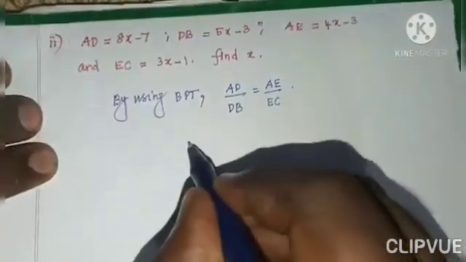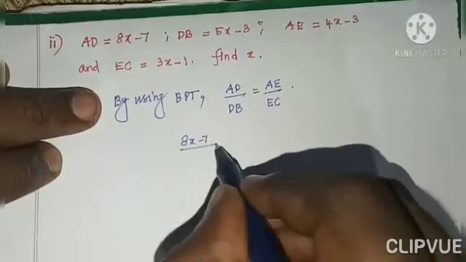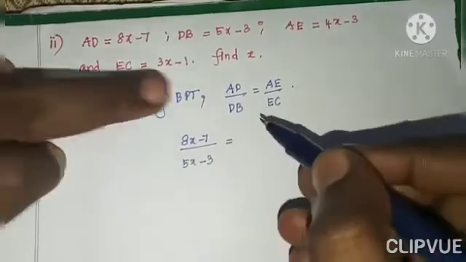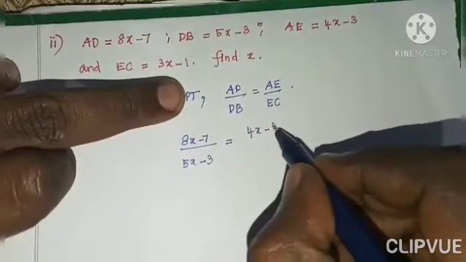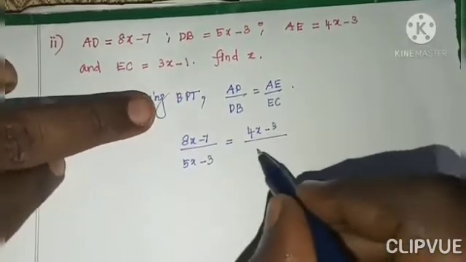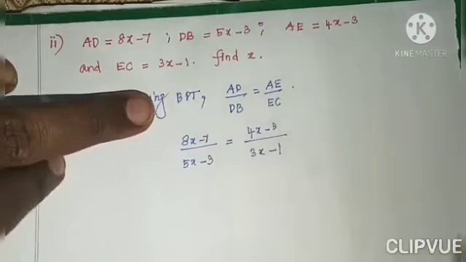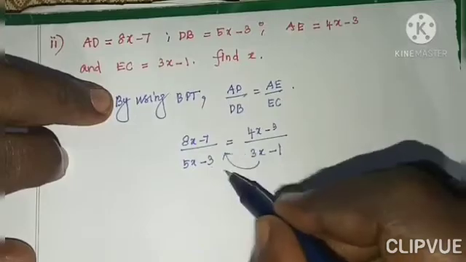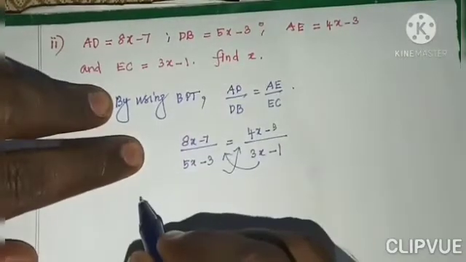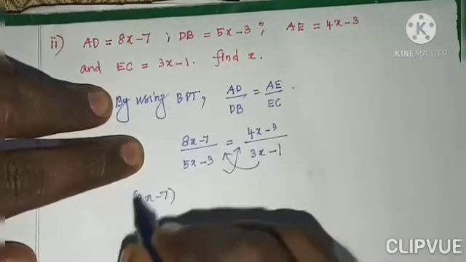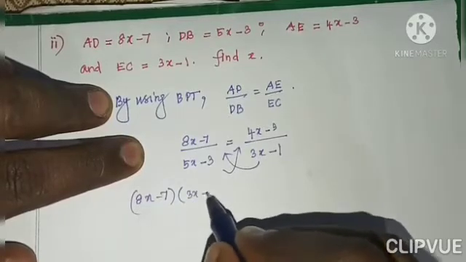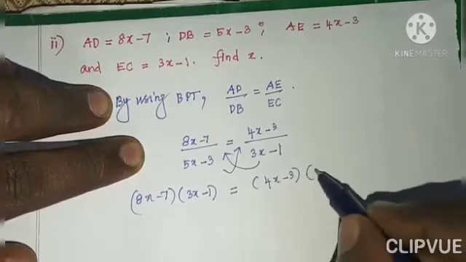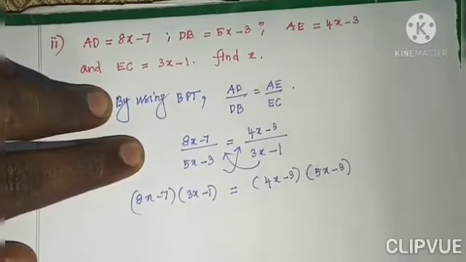So AD equal to 8x minus 7 by DB equal to 5x minus 3 is equal to AE equal to 4x minus 3 divided by EC equal to 3x minus 1. Now I am going to do cross product: 8x minus 7 into 3x minus 1 is equal to 4x minus 3 into 5x minus 3.